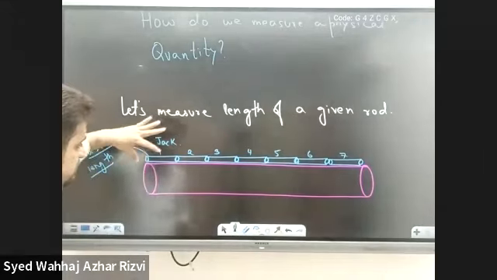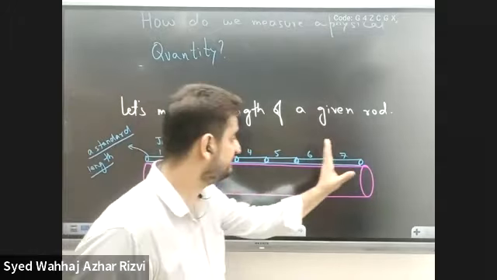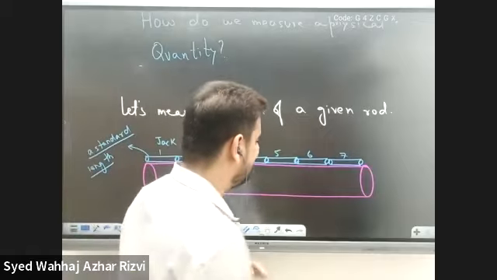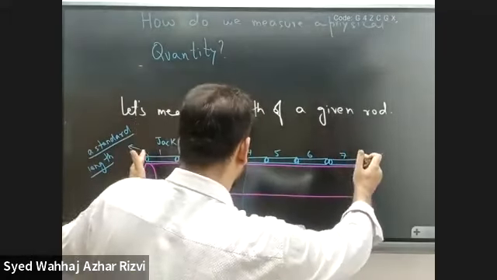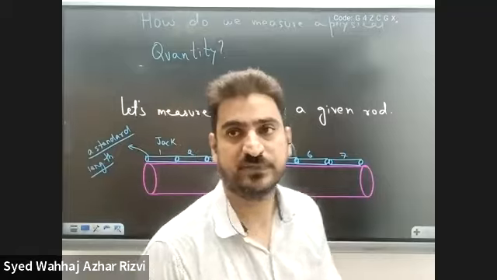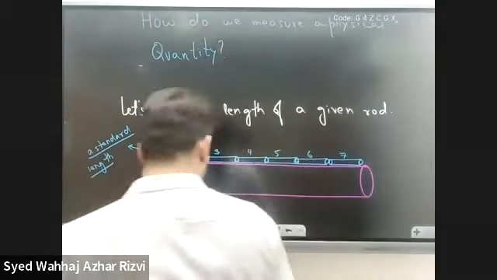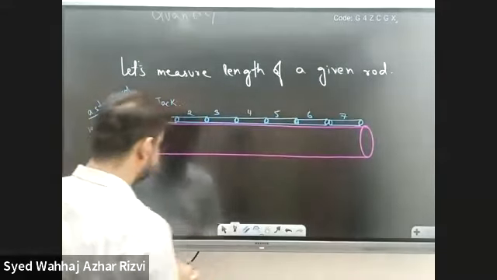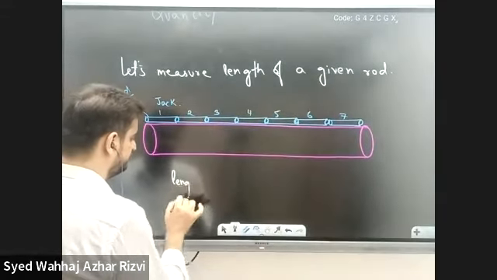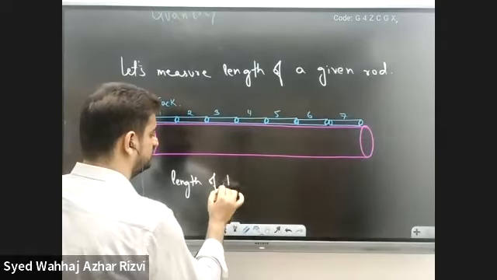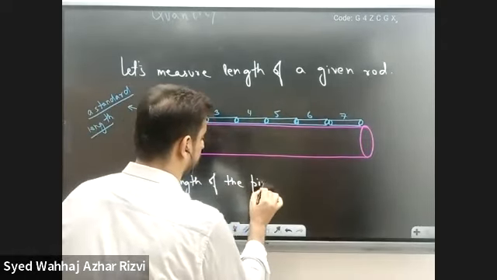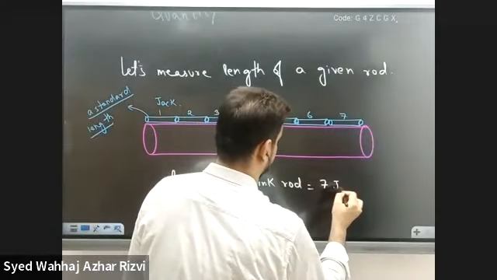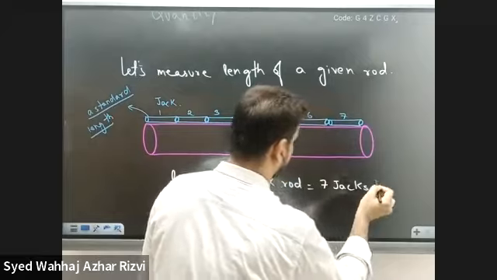So this standard length is repeated 7 times so as to get completely accommodated inside the pink rod. Now we can say that the length of the pink rod is equal to 7 jacks, right?